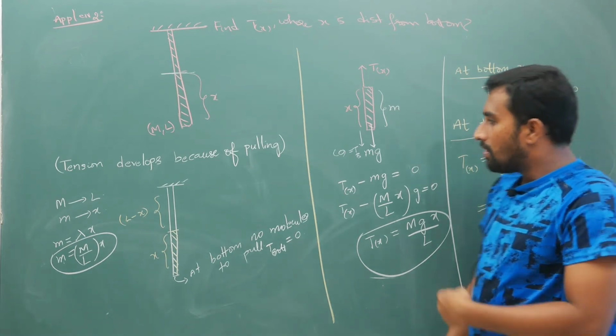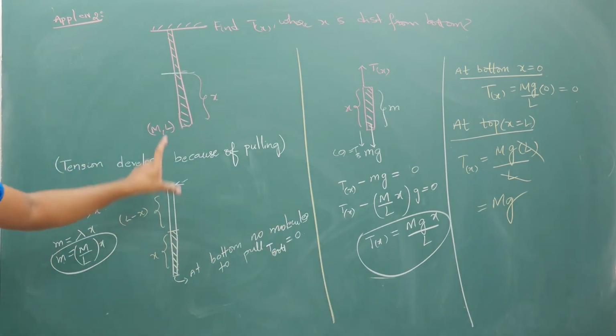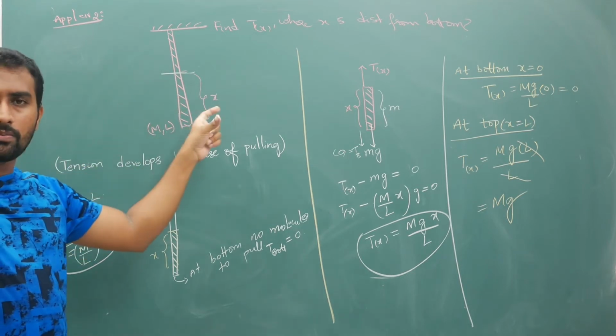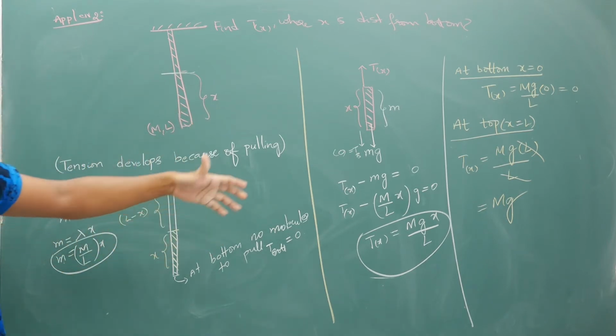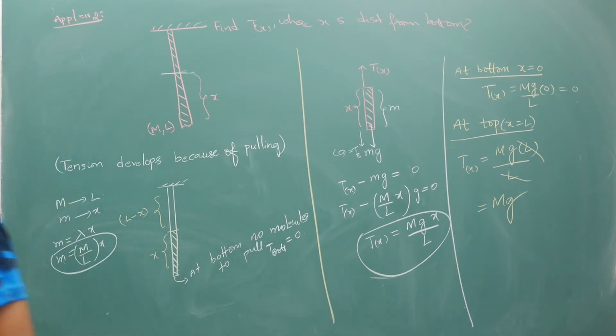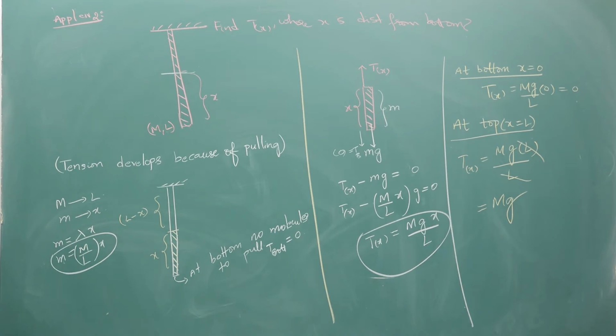Whenever mass is involved, you have to split the question into parts like this, find how much is the mass for that particular part, and accordingly do the calculation. This is how you calculate tension in a string or rope where mass is present.